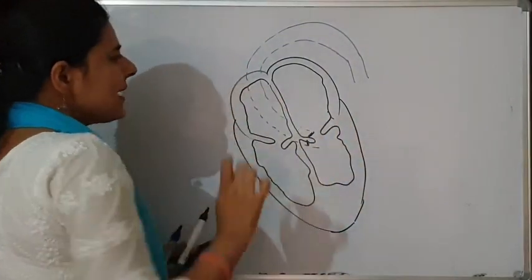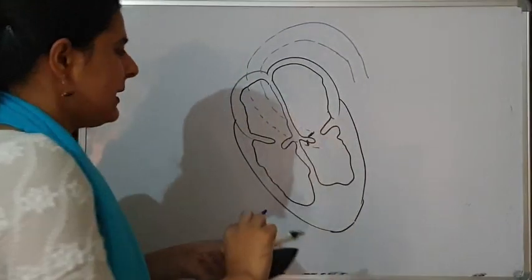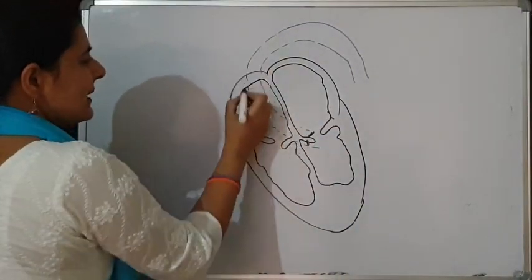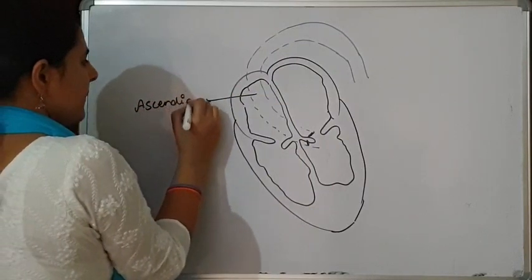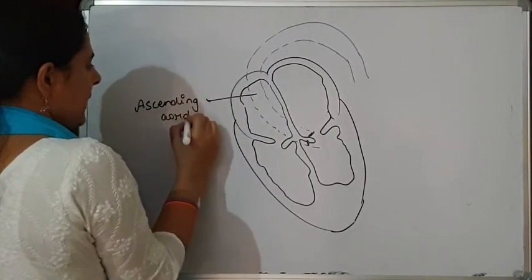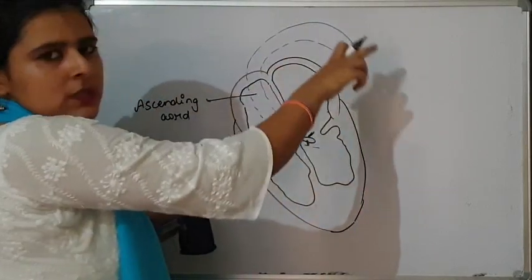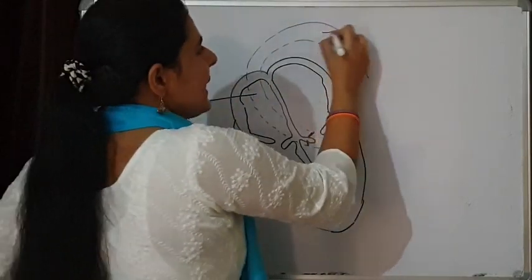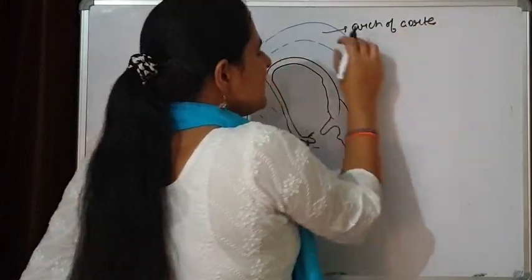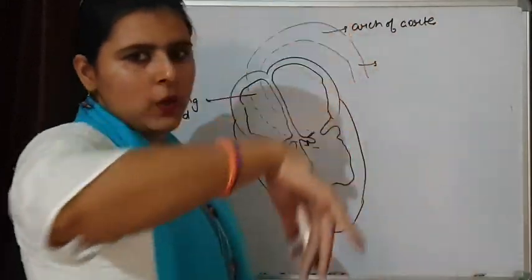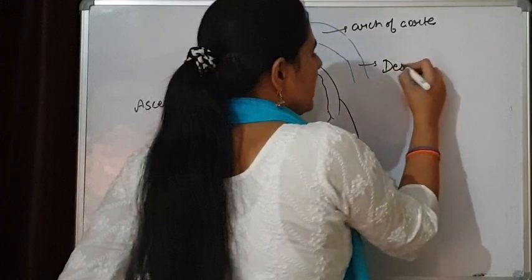Now this aorta is divided into 3 parts. This part of the aorta that is moving upward is the ascending aorta. An arc is formed over here at the top, that is arc of aorta. And this part of aorta is moving downward, that is descending aorta.